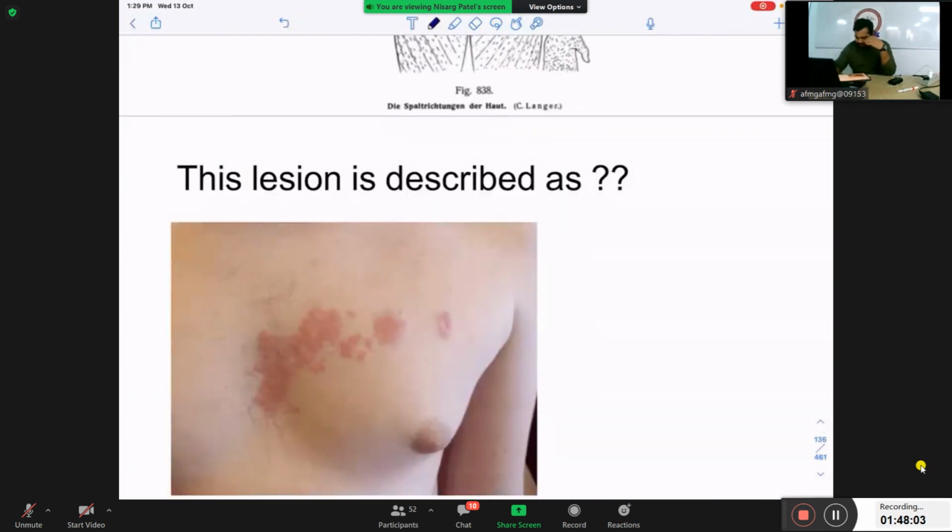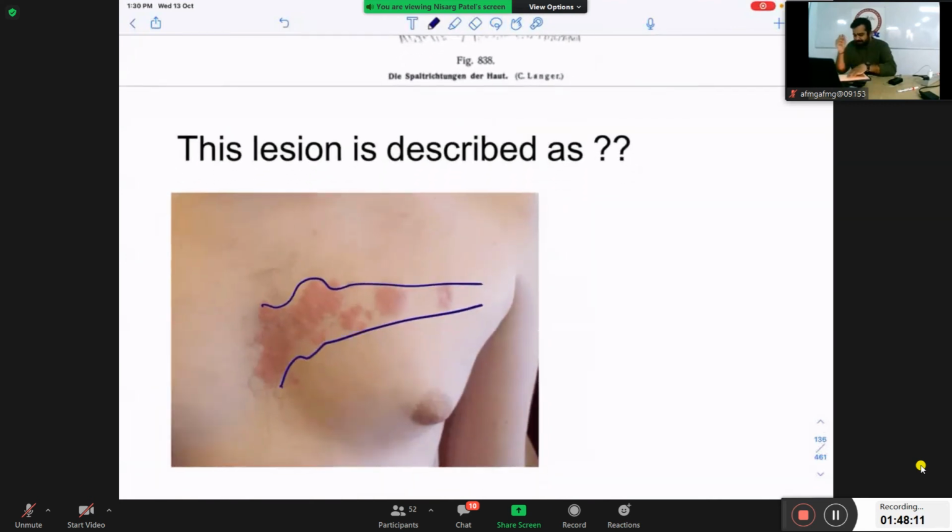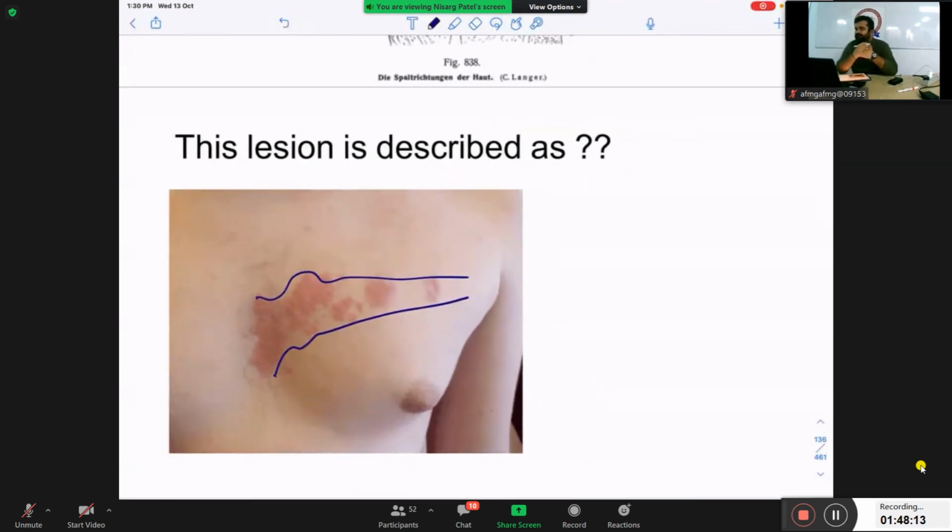This patient developed this vesicular rash when he had a typhoid fever. Along with the typhoid fever, he developed this rash. As you can see, what are these lesions described? Anyone know what is this disease? It is a herpes zoster.